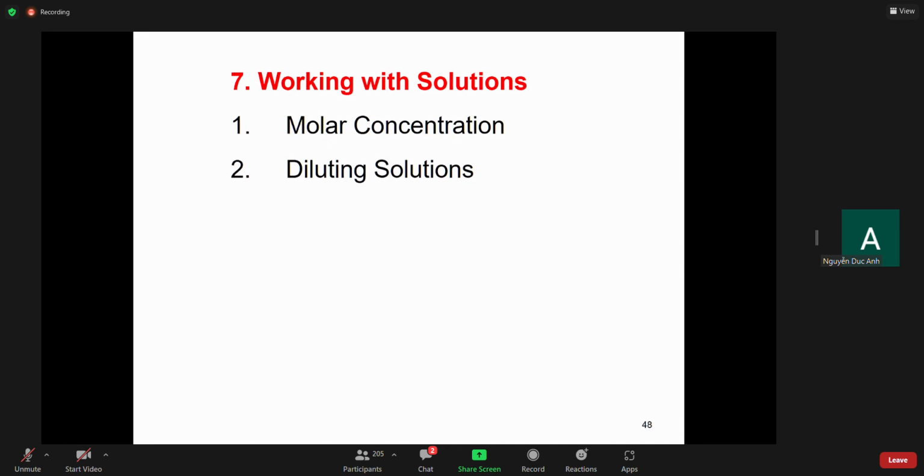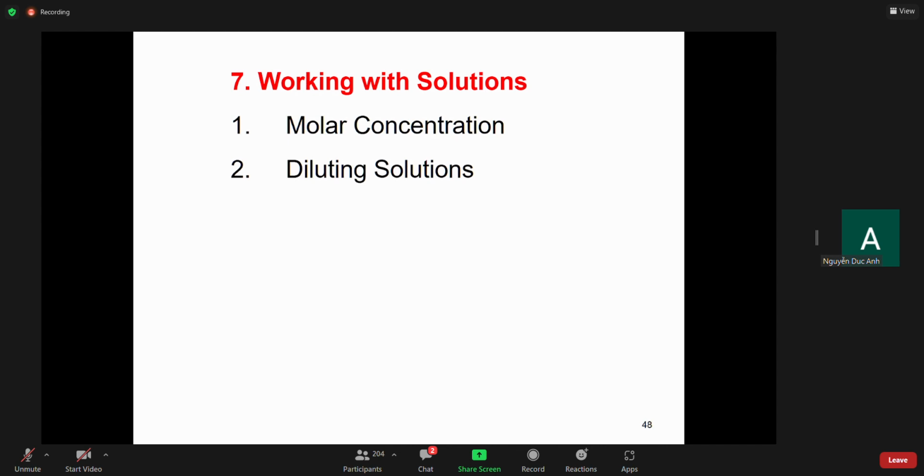Why is this here? I think this lecture is quite new, because we found in the laboratories that many students cannot calculate the molar concentration, and secondly they cannot prepare a solution with the right concentration.